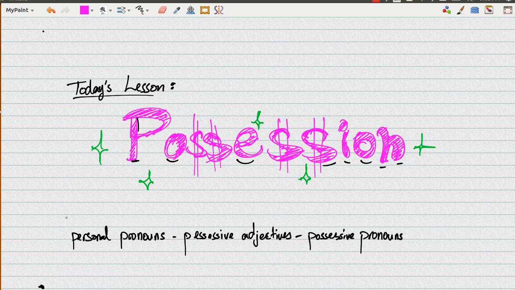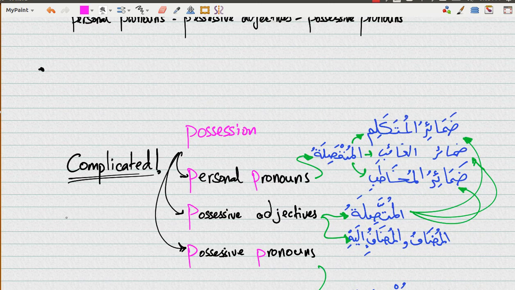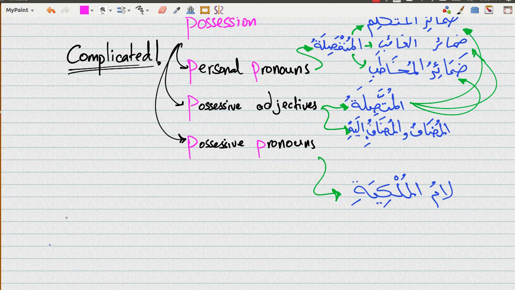There's also a big difference in how Arabic grammar and English grammar function. So I'm going to have to touch several grammar issues just to introduce how to say my book or something belongs to someone. So bear with me. First, we're going to talk about personal pronouns.